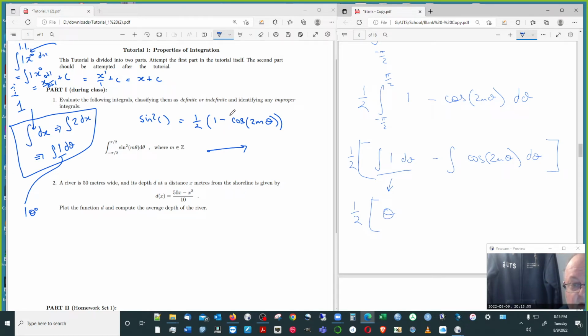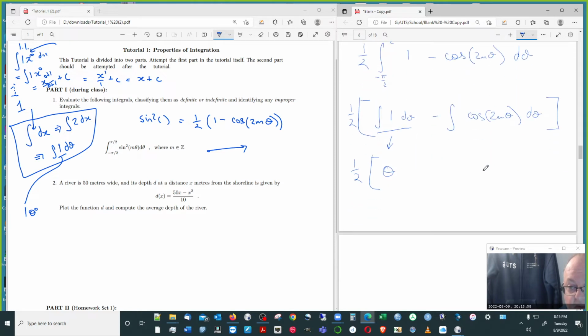Alright, what about this integral over here? What do we do with the cos 2m integral? Well, we have to do a u substitution. And using Leibniz notation, you've got to be pretty on your feet changing between differentiation and integration.